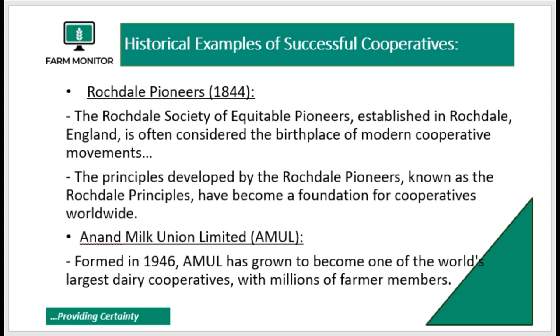They transformed the lives of the smallholder farmers that belonged to the group. The group grew to become one of the world's largest dairy cooperatives with millions of farmer members. It did not only help farmers access markets but also added value to their products because they went into processing and marketing.